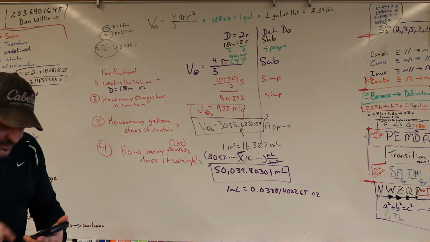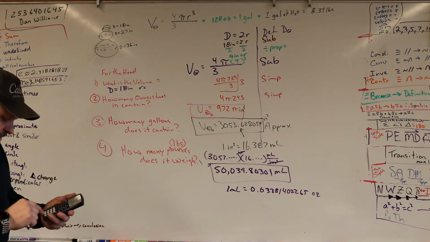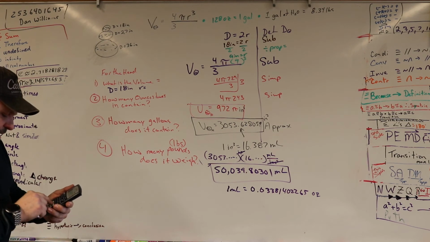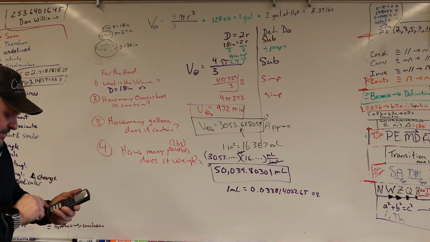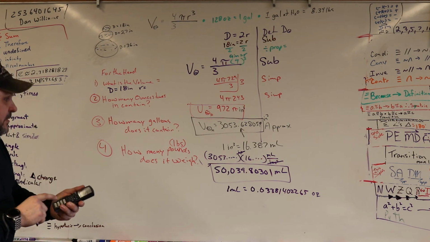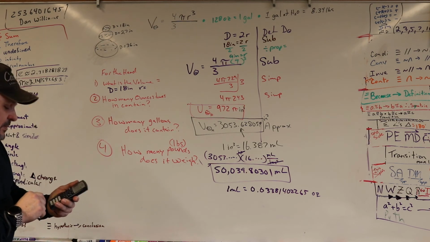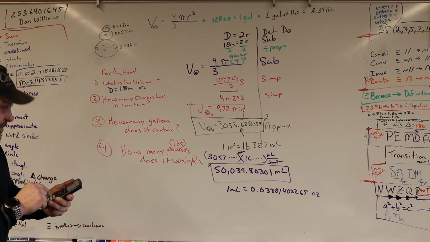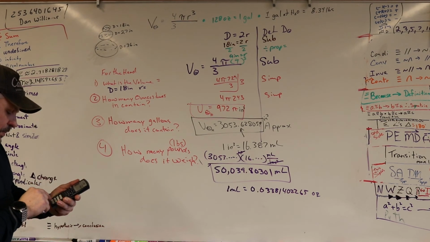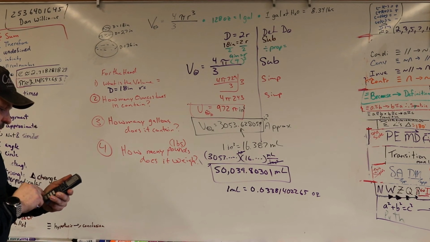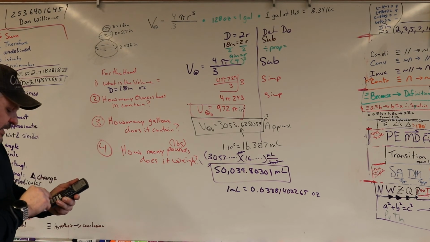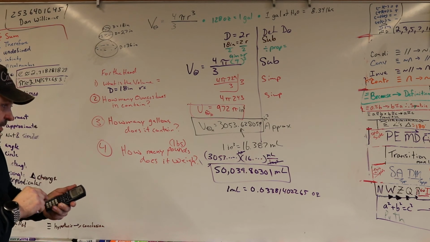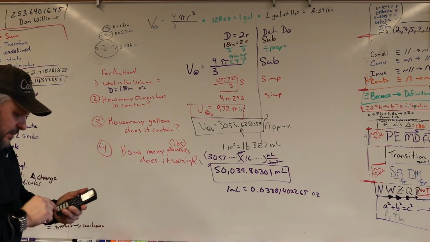Oh, shoot. I'll have to plug this number in. 50039.8030 times. You forgot the 1. Thank you. 1 times 0.03381402265 equals.